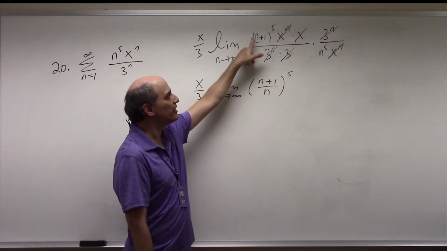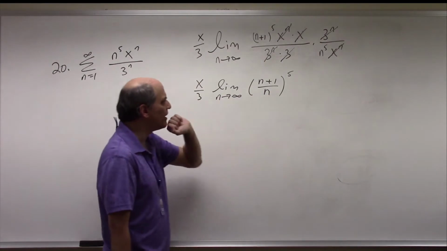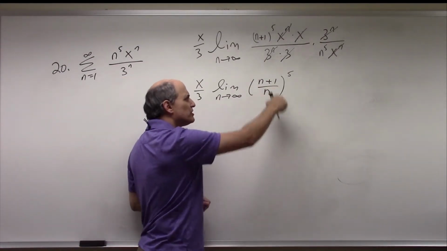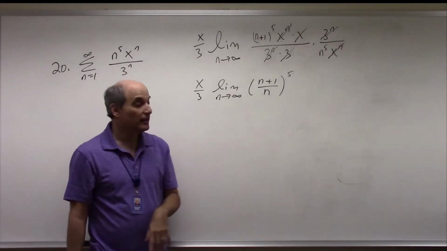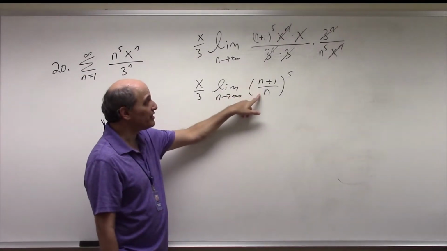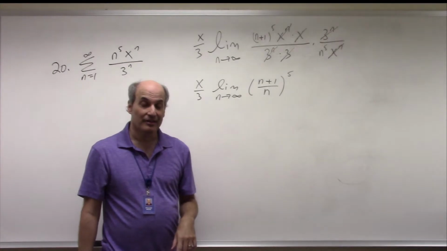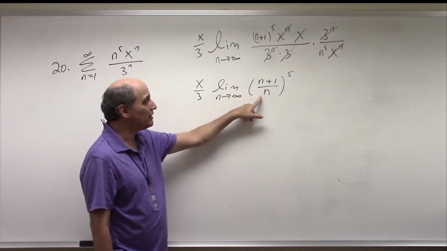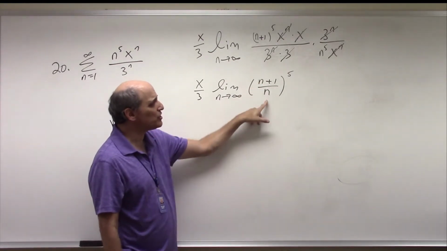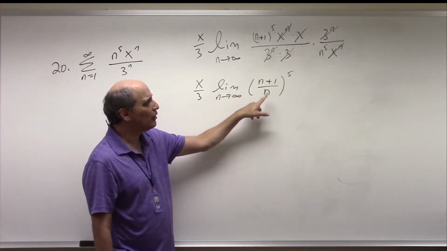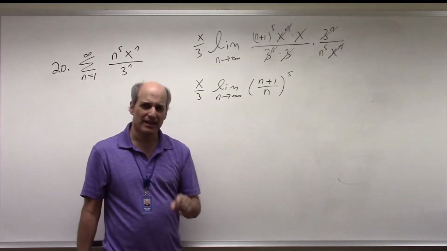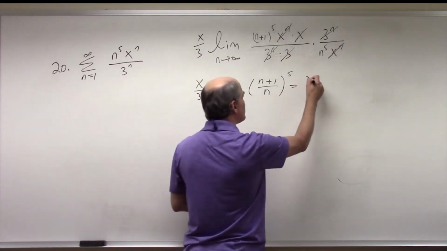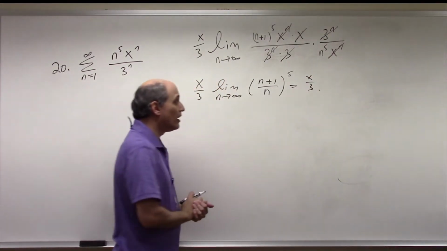And as n goes to infinity, this expression goes to 1, because it's in the form infinity over infinity. If I use L'Hopital's rule, it'll just be 1 over 1. So as n goes to infinity, this goes to 1. 1 to the fifth power is still 1. So x over 3 times 1 just gives me x over 3.